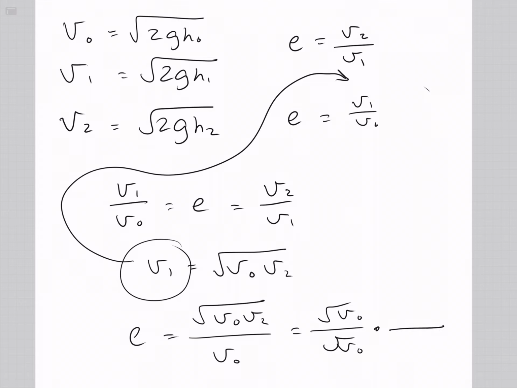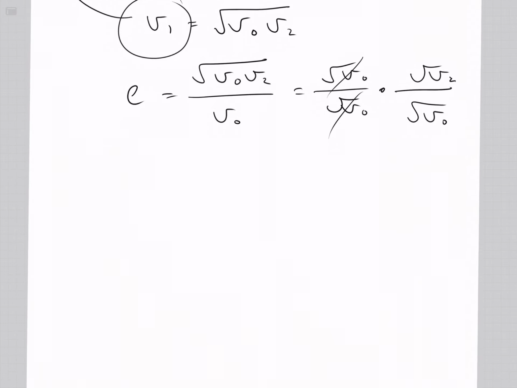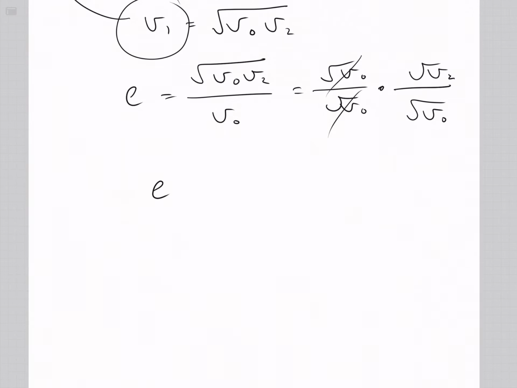We can simplify this equation to the square root of V2 over V0, and these cancel down. So now we get a nice equation of V2 over V0.